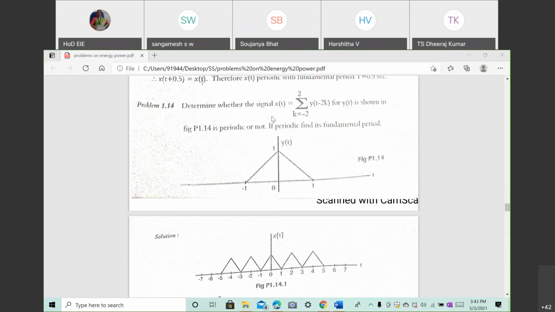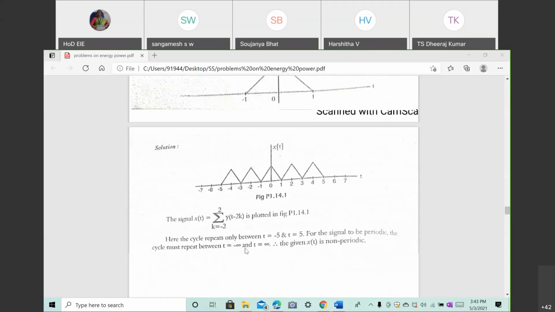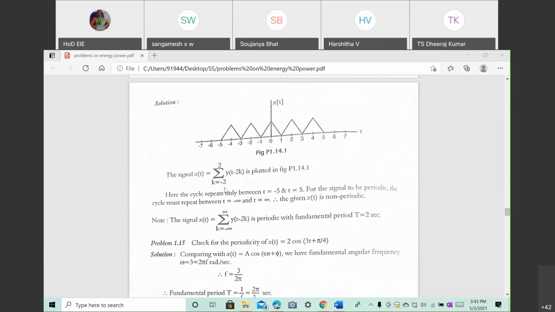In the given equation, x of t is the summation k equal to minus 2 to plus 2 of y of t minus 2k. We have to check whether it is periodic or not. The signal x of t is plotted in the figure as per that equation.